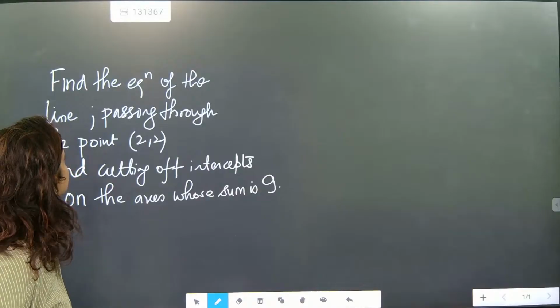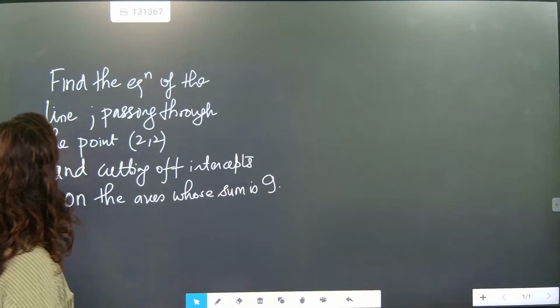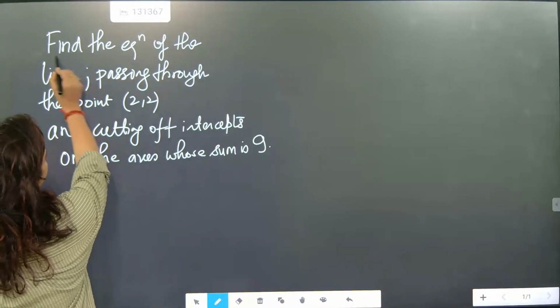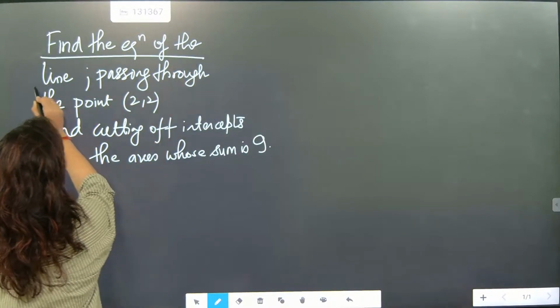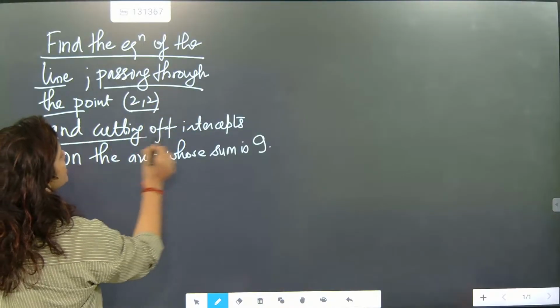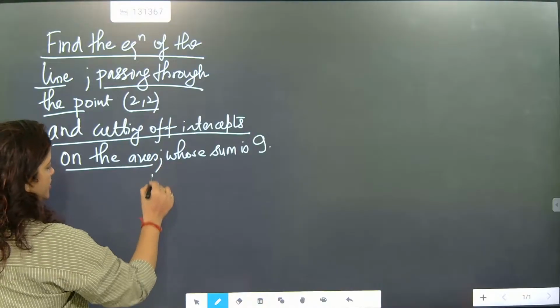Can I solve this? See, it is the same pattern question, not a big deal. Here the question is very clear. Decode the question: find the equation of the line passing through point 2 comma 2 and cutting off intercepts on the axes. Till here you catch.